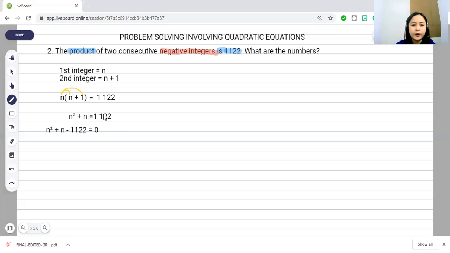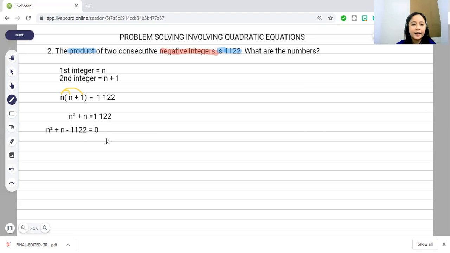So 1122 minus 1122 is going to be 0. And then 1122 will be transposed on the other side. It's going to be negative 1122. The shortcut for this is simply to transpose it: positive 1122 becomes negative 1122 in here. There are a lot of ways to solve this kind of trinomial.